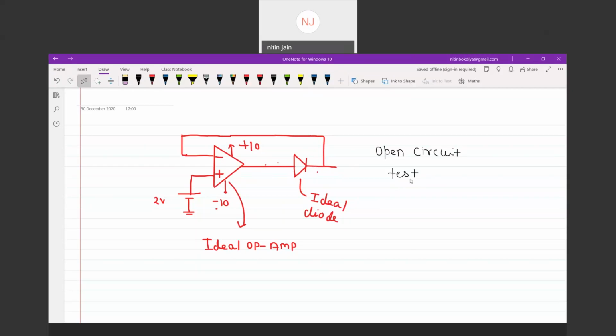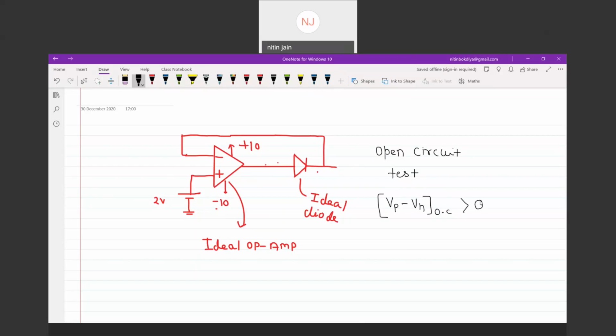So we are applying open circuit test, and what is the idea for diode conduction? That Vp minus Vn potential must be greater than 0.